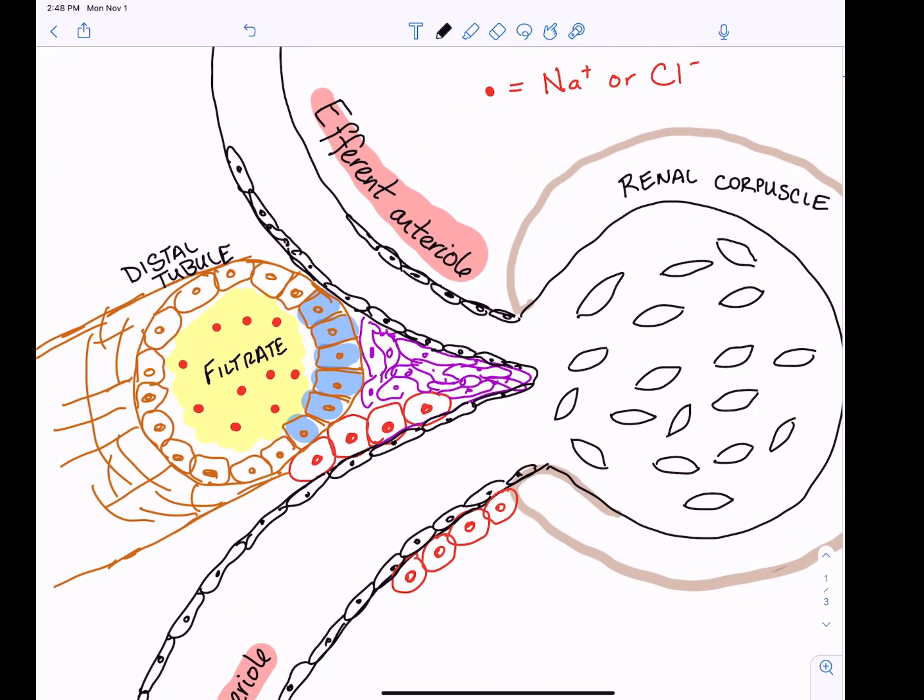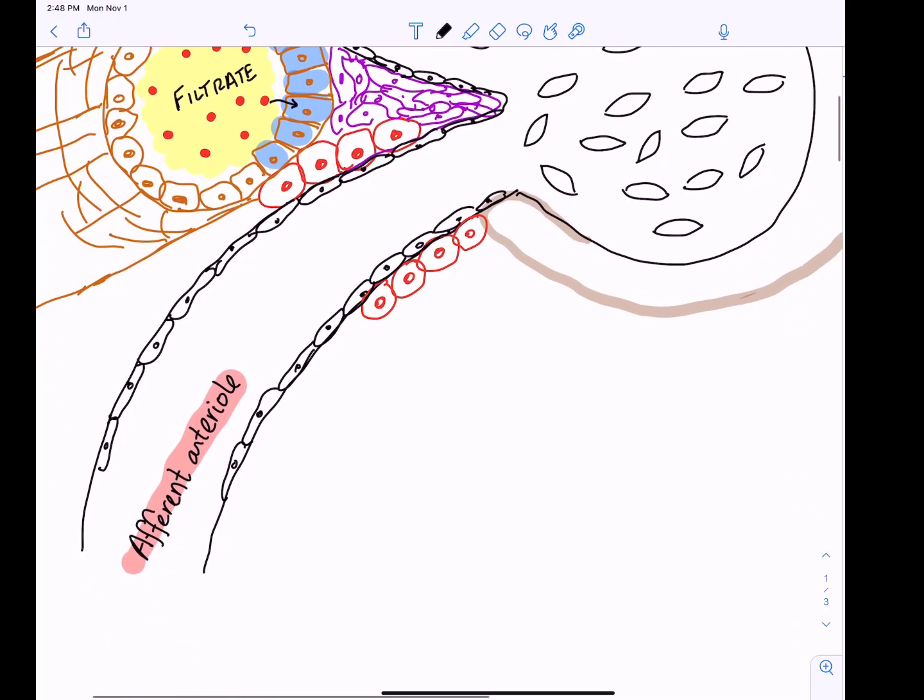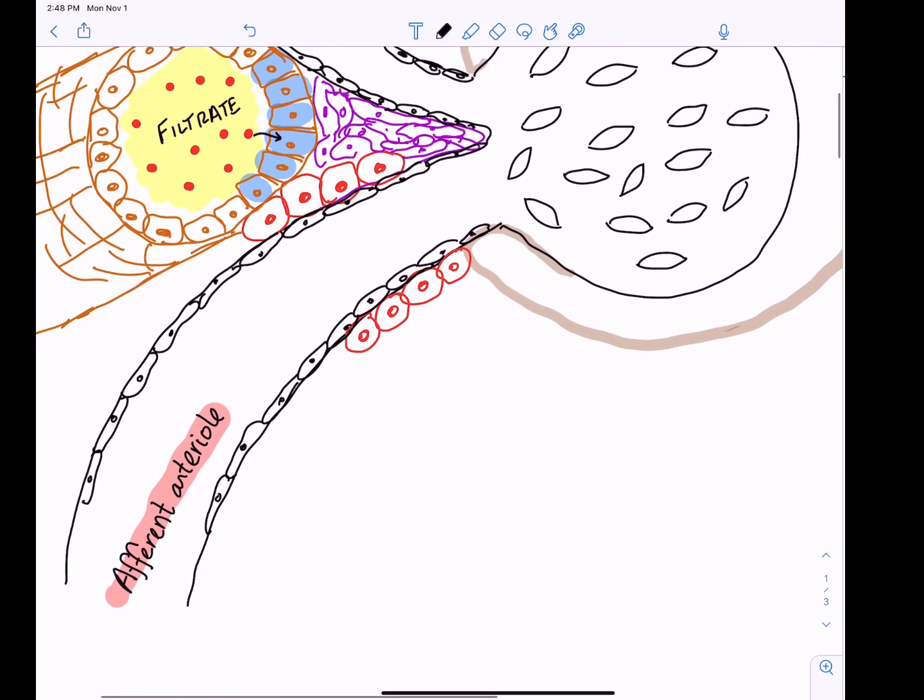Imagine that the amount of sodium and chloride at this point is considered to be low. Remember, everything has been on autopilot up to this point. So if the amount of sodium and chloride in those blue cells is considered to be low or too low, then the implication is that that is a reflection of the blood plasma, which means that the sodium and chloride levels in the blood plasma are also too low.